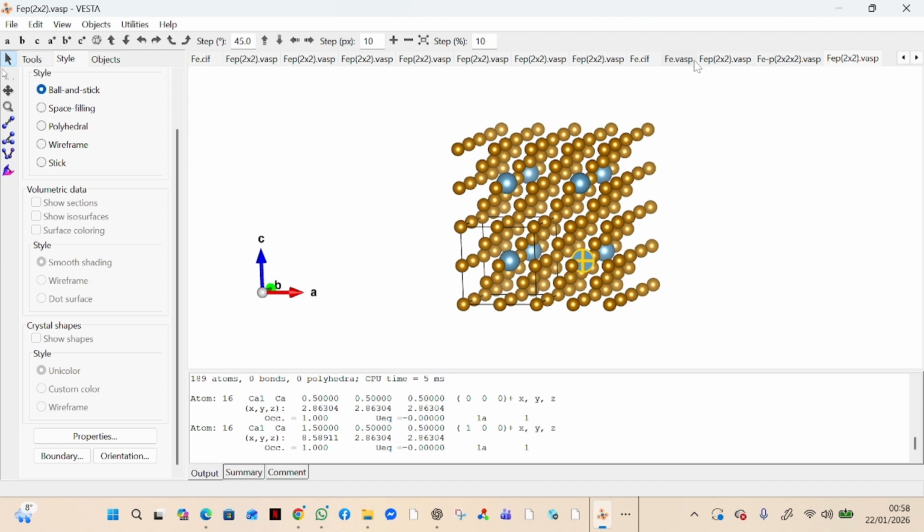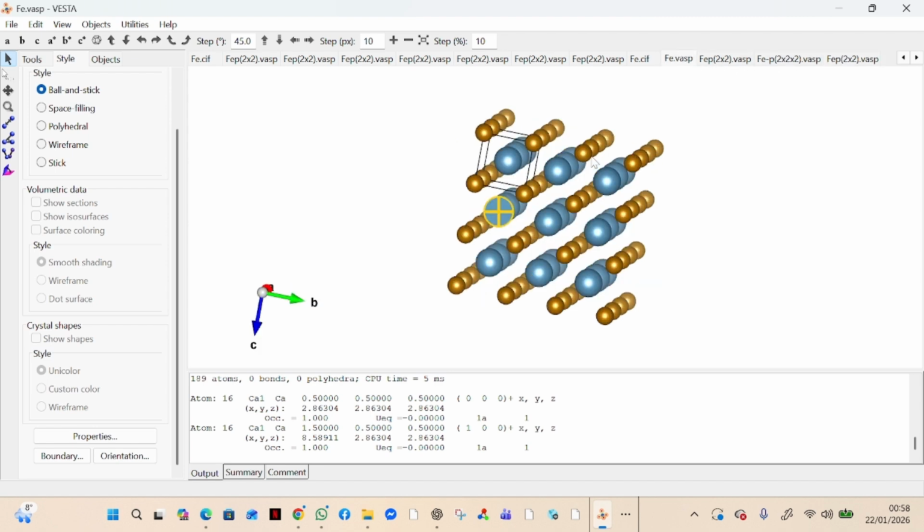And the first one, let's check again. Here we have 1.4, 1.4, 1.4, 1.4, 4.2.